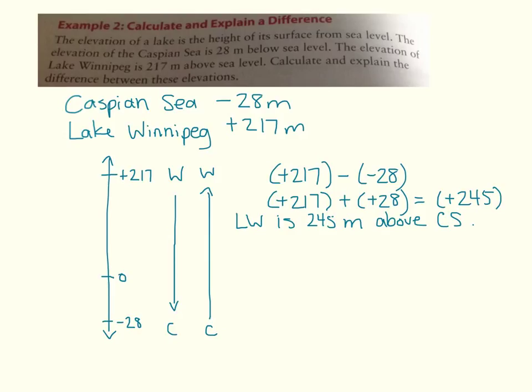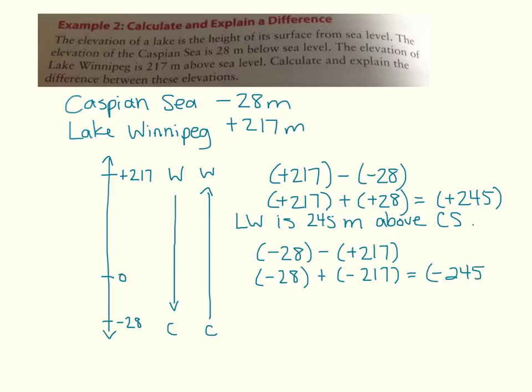If we're looking at the Caspian Sea and looking up at Lake Winnipeg, we write it differently. Negative 28 minus positive 217. Again, we can turn this into an addition problem. Negative 28 plus negative 217. The number doesn't actually change. It's still 245.